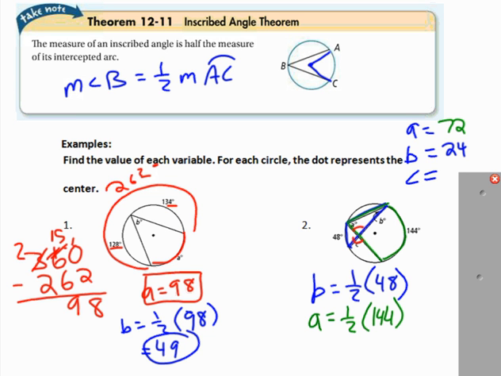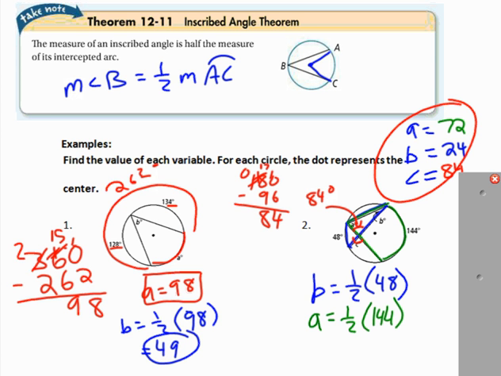So C would be equal to, well, what's 180 minus 96? Borrowing here. 84. So we have that this one right here is 84 degrees. And vertical angles make angle C also 84.